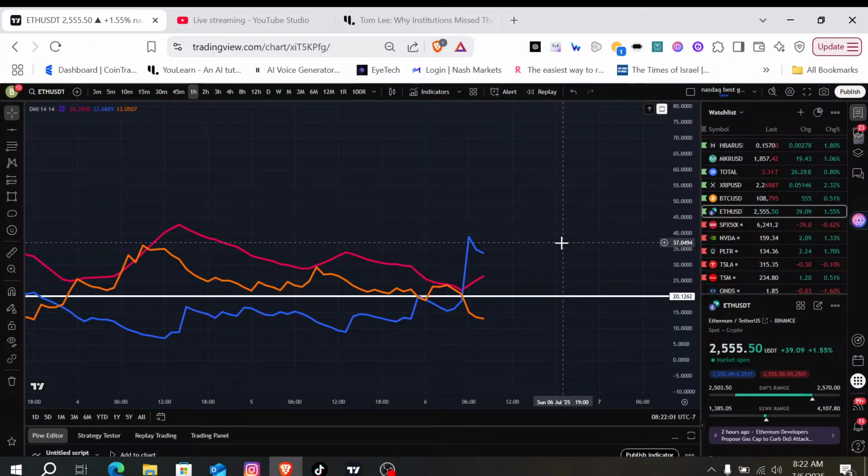Once we get towards 12 o'clock, watch, you're gonna see more value in Ethereum and Bitcoin. You're gonna see more movement, especially once we get towards 3 o'clock when the market really opens.